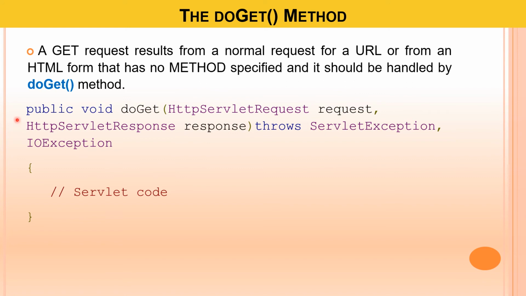This is the syntax of the doGet method: public void doGet(HttpServletRequest request, HttpServletResponse response) throws ServletException, IOException, and whatever servlet code is needed will be inserted inside the curly braces. That is the doGet method.